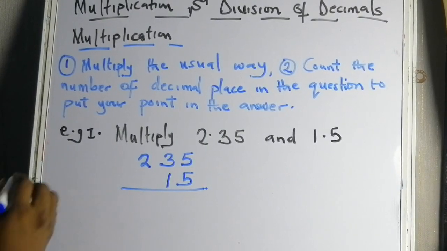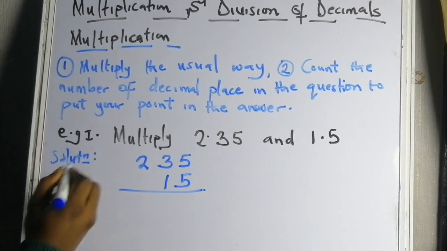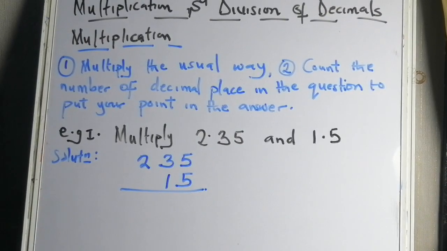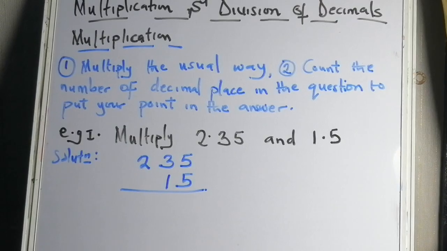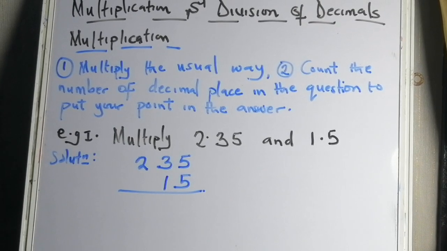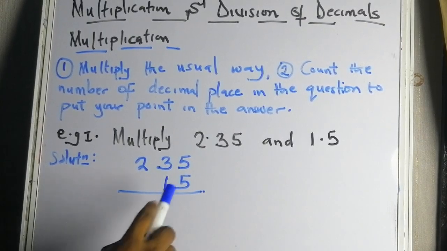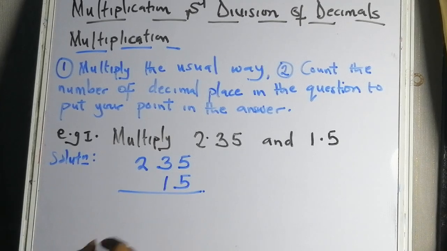So we're having our solution here. We're trying to multiply the usual way, first step. 5 times 5 is 25.